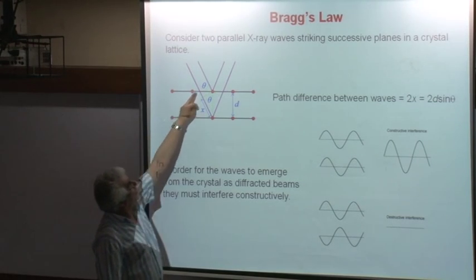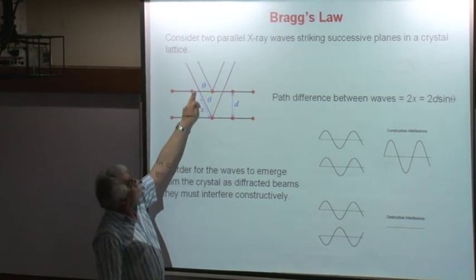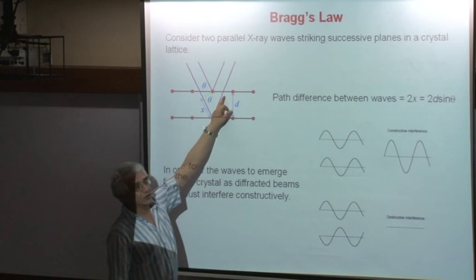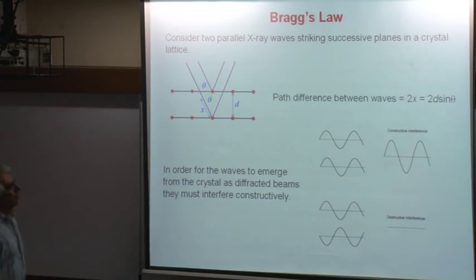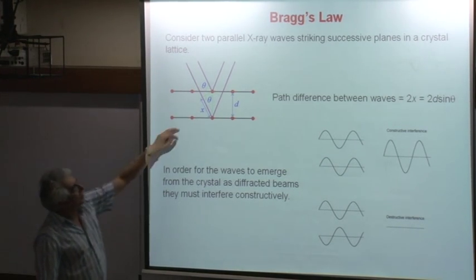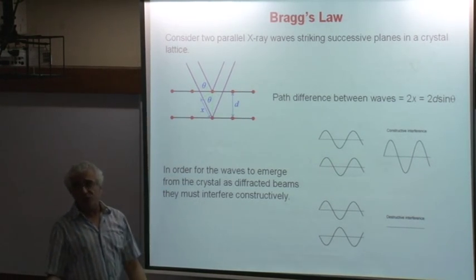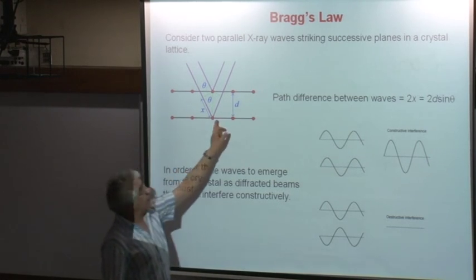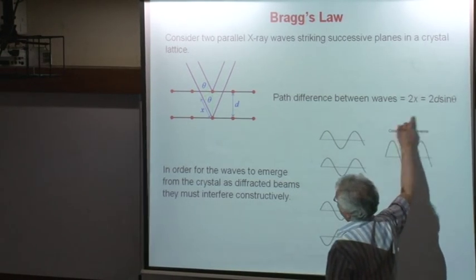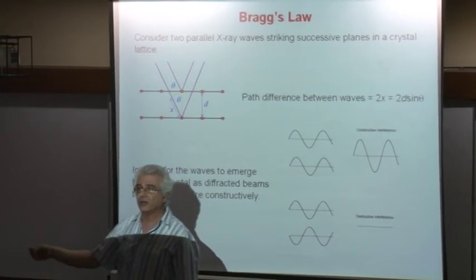So if you imagine this wave hits the upper plane, and this wave hits the lower plane. This second wave has to travel an extra distance before it's reflected. So the path difference between the waves is given by twice this value, and that's just simple trigonometry. Trigonometry will tell us that the path, that value x, is equal to d sine theta, and so the difference in path between this one and this one is 2d sine theta.